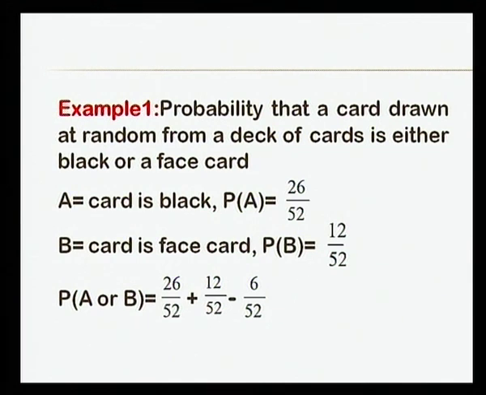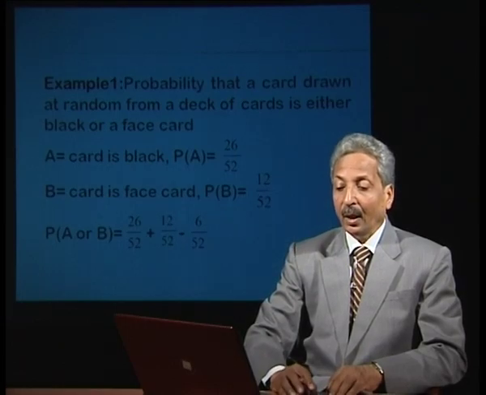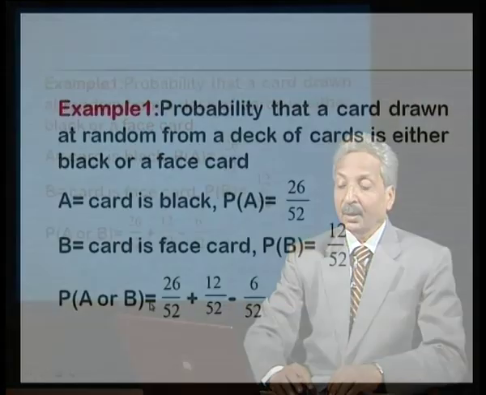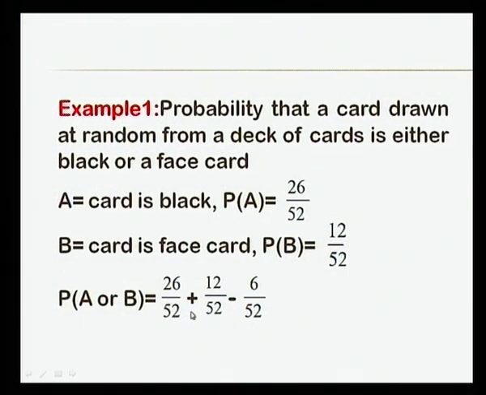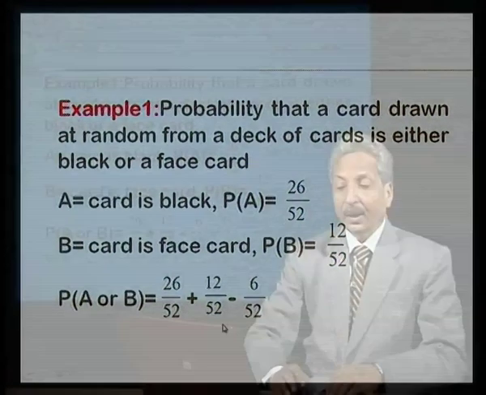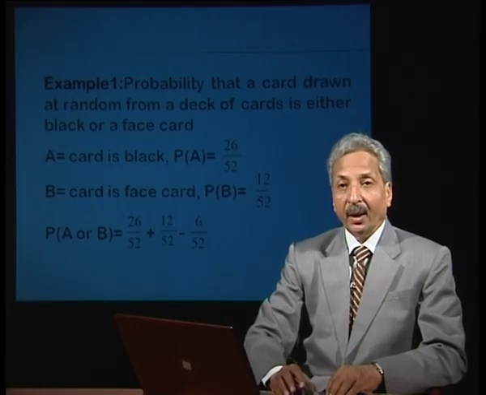It means we want the probability of A union B, or probability of A or B, and by rule 1, this equals 26 upon 52 plus 12 upon 52 minus 6 upon 52, that is, probability of A plus probability of B minus probability of A intersection B. Here probability of A intersection B is 6 upon 52, as the number of common elementary events between sets A and B is 6.